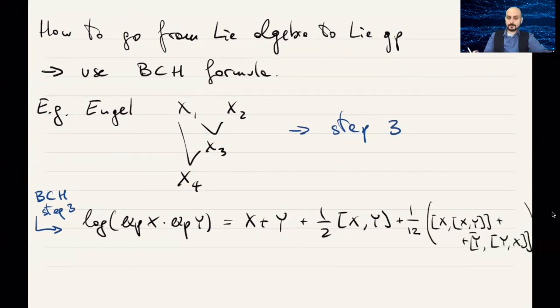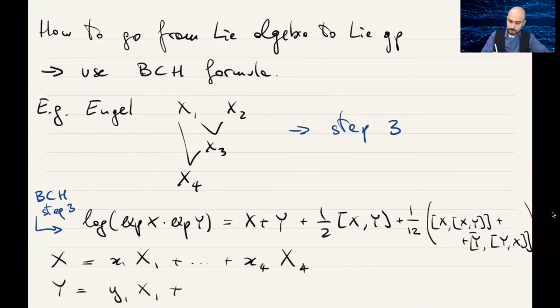Okay. So taking for granted that this is the Baker-Campbell-Hausdorff formula, what you do? Now you take a vector x and you write it as x1 to x4. y is going to be another vector. So we are considering exponential coordinates with respect to the standard basis x1, x2, x3, and x4.